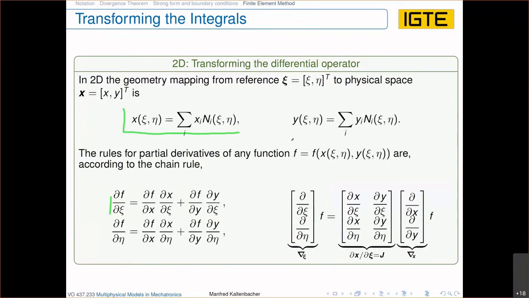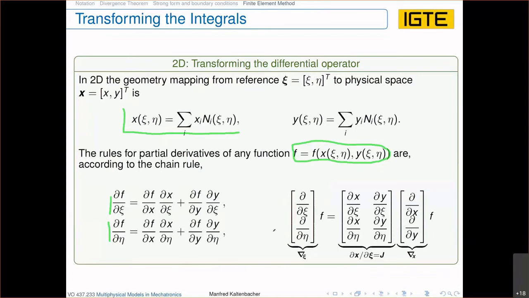Yeah, and the partial derivative of f with respect to eta is very similar. As you see, we have the derivative of f with respect to x, and now x with respect to eta. And since f is also a function of y, we have the derivative of f with respect to y and the partial derivative of y with respect to eta.